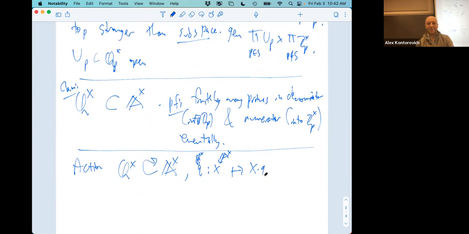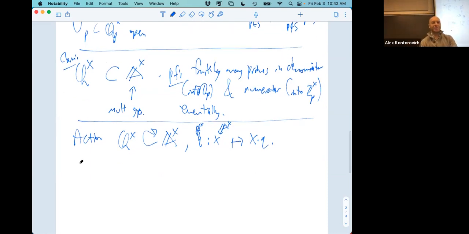We take X and we multiply it. So this is a multiplicative group under multiplication. We have a subgroup. How's that subgroup going to act? By multiplication. Okay. Is this action discrete?